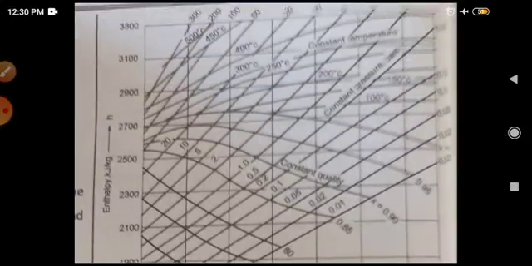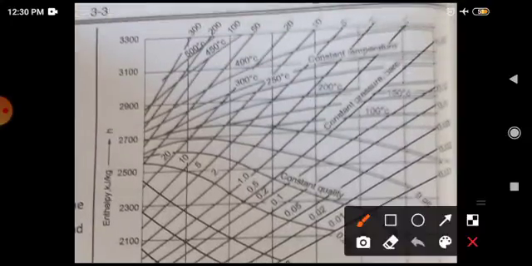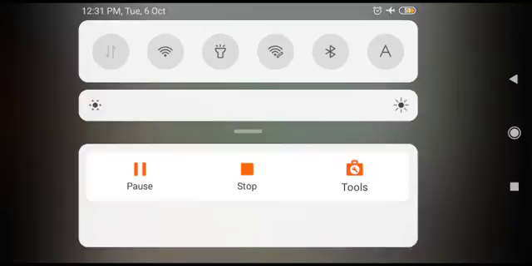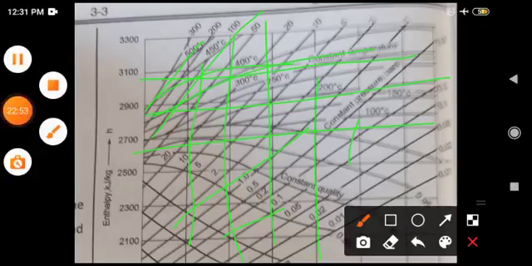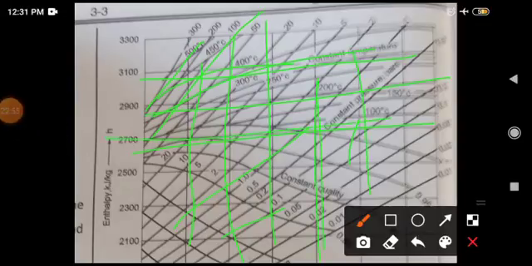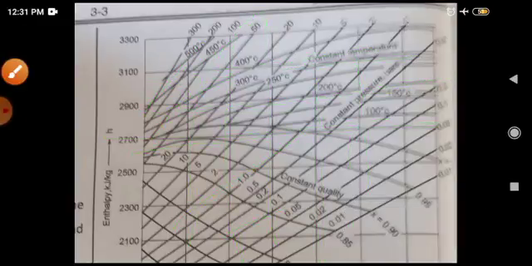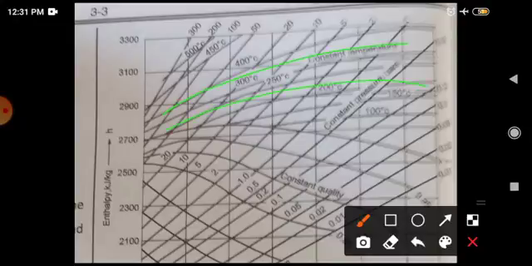You can see over here in the diagram the different dryness fractions. Temperature lines and pressure lines are also here. A horizontal line shows constant enthalpy and a vertical line shows constant entropy. These are constant temperature lines and these are constant pressure lines.